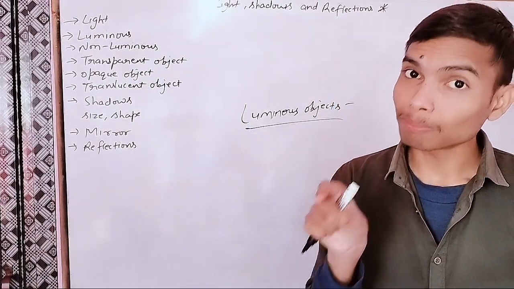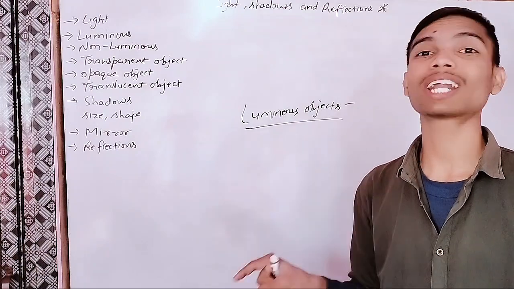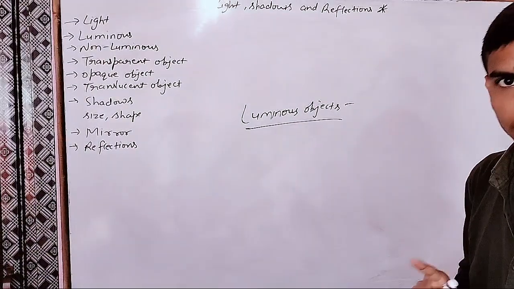That's why a marker is not an example of a luminous object. Clear?